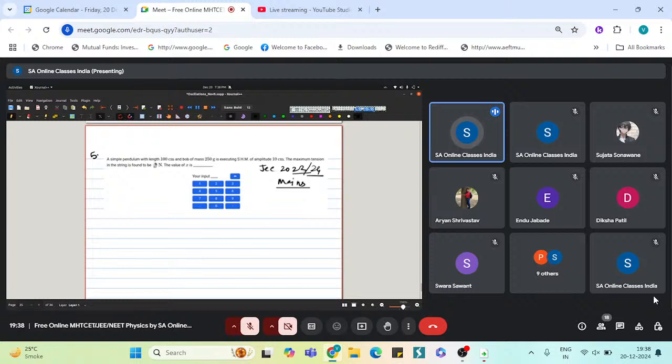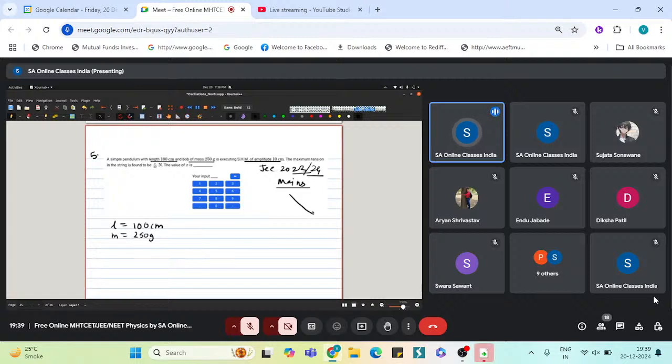So the question is a simple pendulum with length 100 meter. So we're just going to write this in the form of meter centimeter for now. We'll see why. And then a bob of mass 250 grams. So mass is given this time, 250 gram, executing SHM of amplitude 10 centimeter. For the simple pendulum, we have not yet encountered the concept of amplitude.